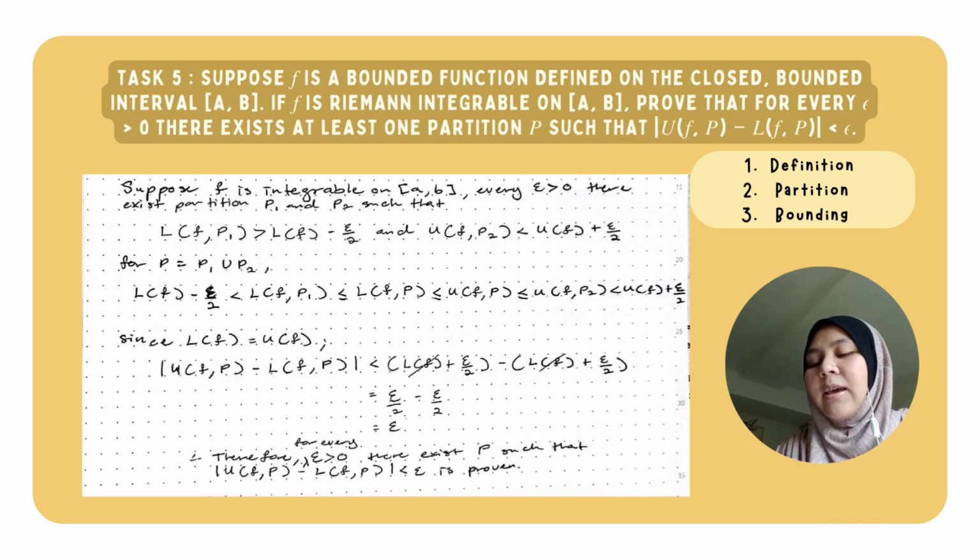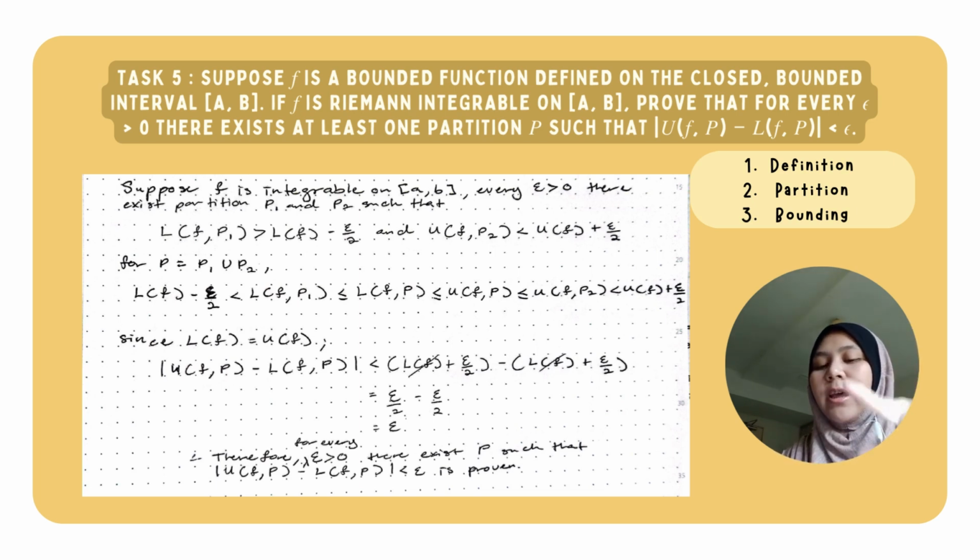After we show this, we can see that L(f) is equal to U(f). So we can show the bound for this question, which is U(f,P) minus L(f,P) is smaller than, for U(f), we can change it to L(f), since from what we showed above, L(f) is equal to U(f).